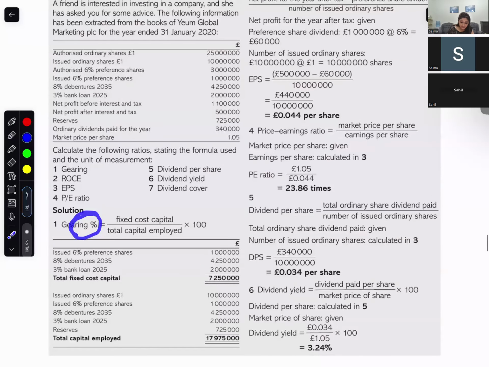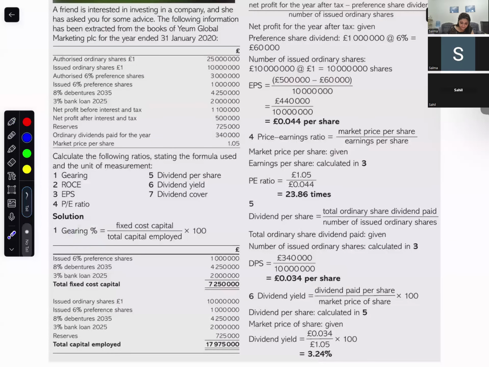What is the formula for gearing percentage? Fixed cost capital divided by total capital employed. So what is your fixed cost capital? For me, it was 1 million plus 4250, the preference shares, 8% debentures and 3% bank loan, 7250.